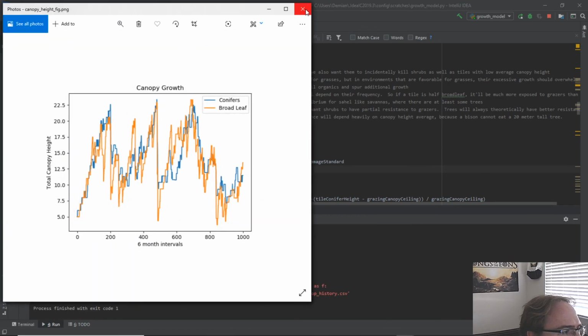Still does not suppress them enough. So here we see that canopy is low enough to be at a level where the numbers can be suppressed.